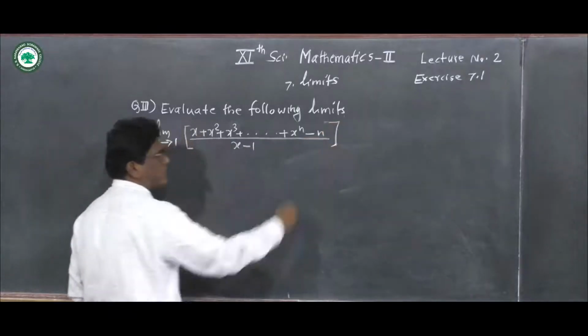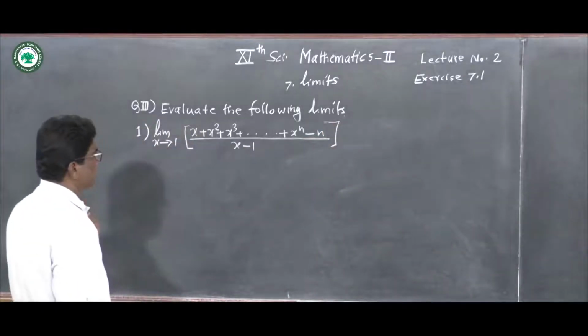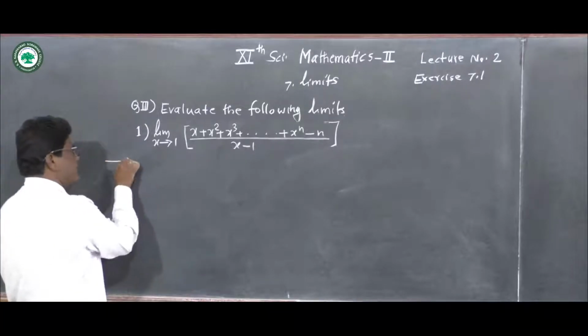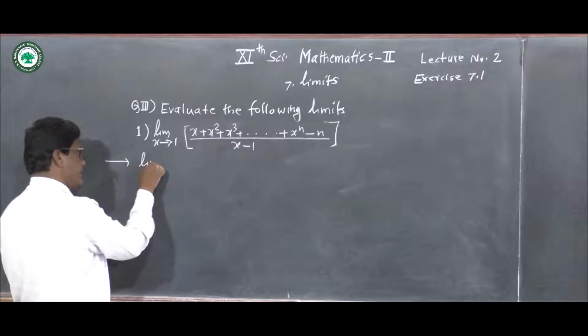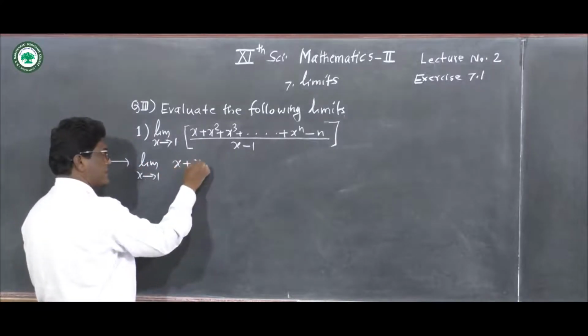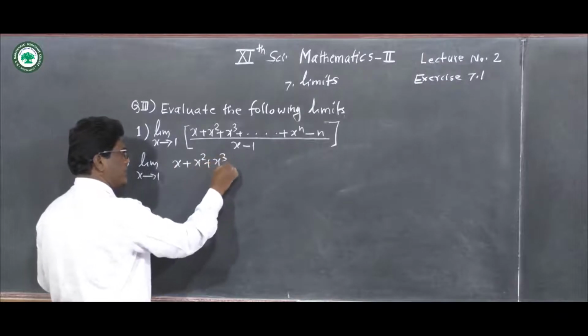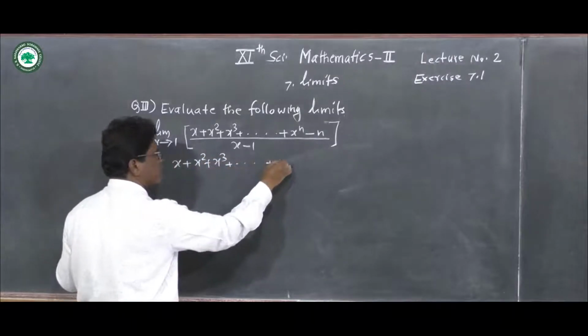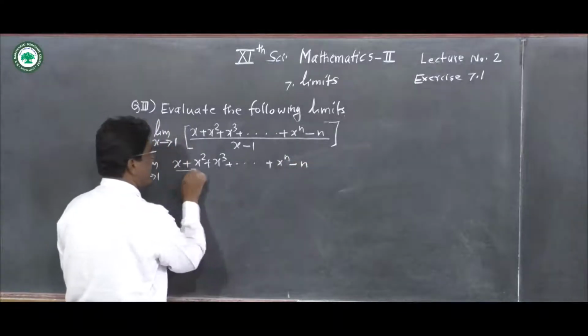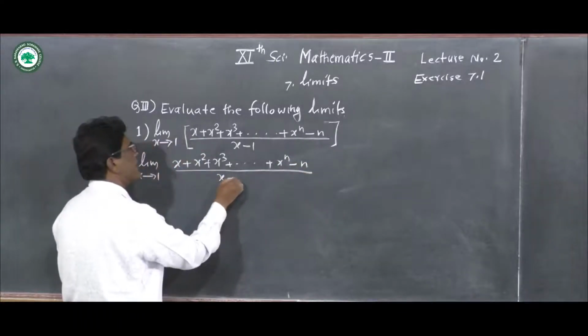We have to solve this problem. So solution of this, we write this problem again: limit as x tends to 1, (x plus x square plus x cube plus up to dot dot dot plus x to the power n minus n) divided by (x minus 1).